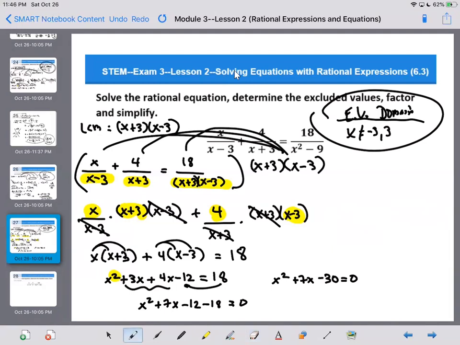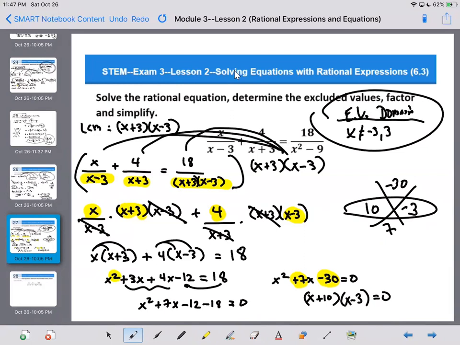Remember, A is 1, right? So you're looking for factors of negative 30 that add to 7. Factors of negative 30 that add to 7. So that's going to be 10 and negative 3. So since A is 1, I can go directly to x plus 10, x minus 3.